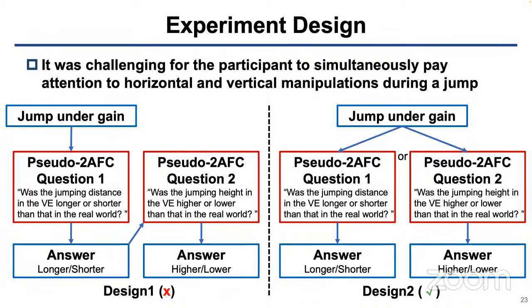And then we let him jump again, and then we ask the second question, whether the jumping is higher or lower than the real world. So we get the second answer. So the user has to jump two times more than in design 1. Design 2 lets the user jump more.